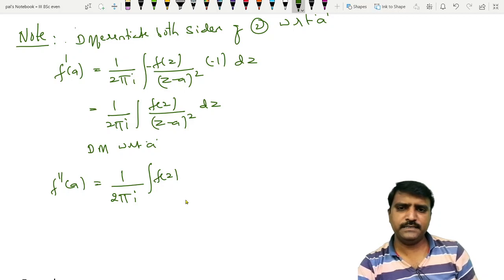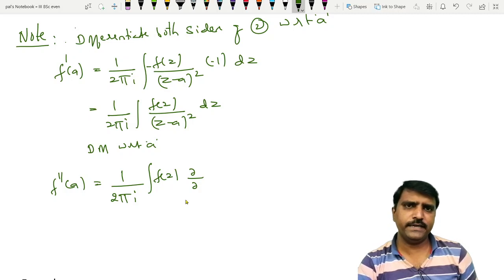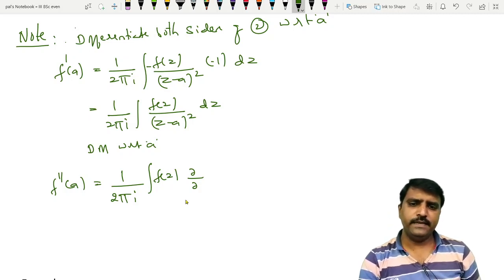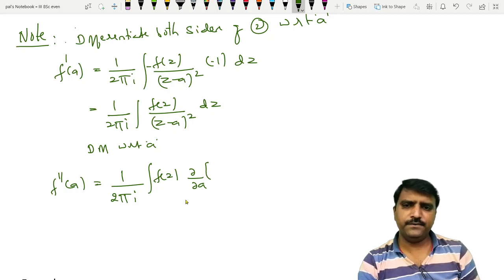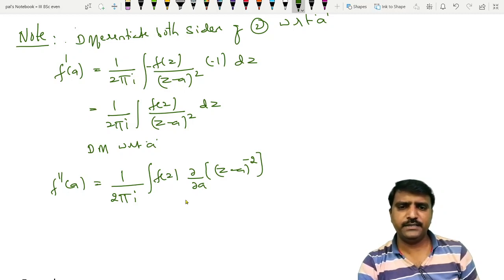You have to differentiate this term. When you are taking differentiation, that ordinary differential becomes partial differentiation inside the integral, del by del a of z minus a to the power minus 2 dz.